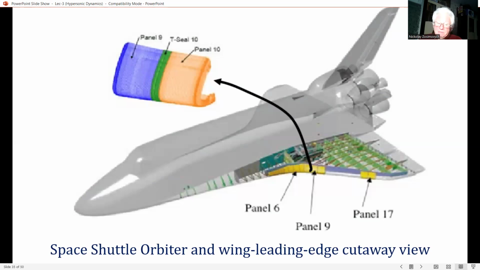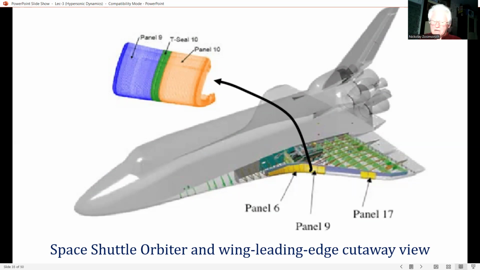In HABP, the vehicle surface is divided into a large number of flat surfaces or panels. For example, this figure shows the paneling used to represent the geometry of the space shuttle.